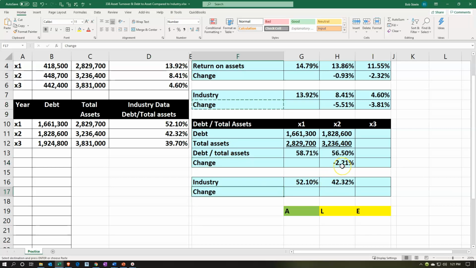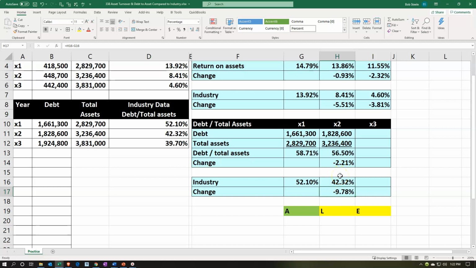So we had a decline, which is kind of good, but it was only by 2.21, and on the industry, if we look at the 42.32 minus the 52 and format paint here, it declined by 9 to 10% versus 2 to 2.5%.